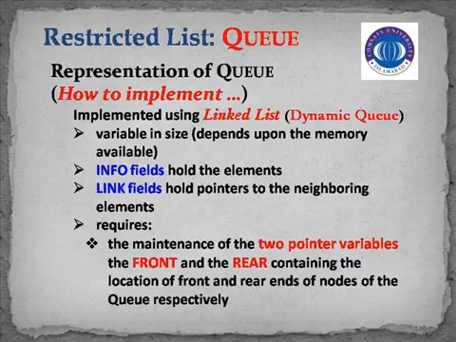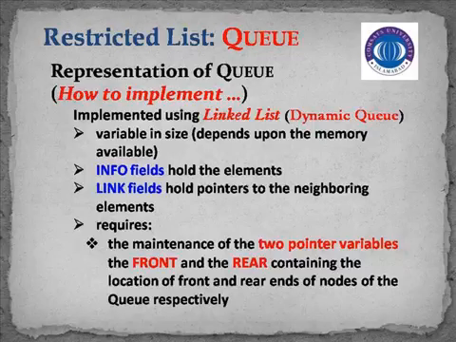Dear students, next comes the dynamic queue implemented using a linked list. It is variable in size and its size depends upon the memory available. The dynamic queue contains many nodes consisting of info fields holding the elements and link fields to hold pointers to the neighboring elements.